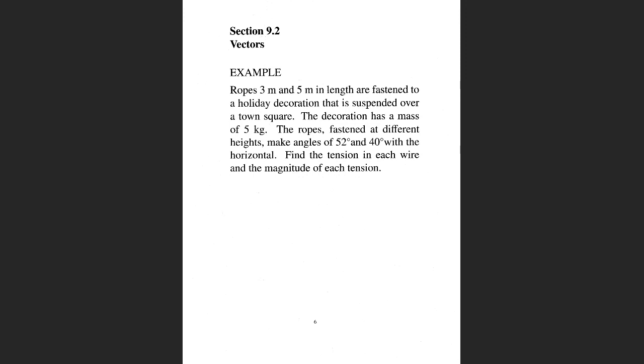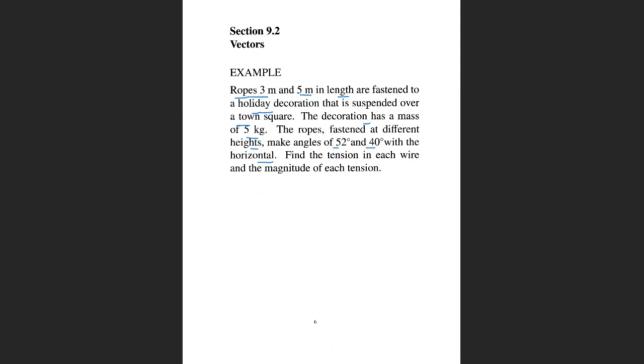Okay, so in this problem, we have ropes that are 3 meters and 5 meters in length, and they're fastened to a holiday decoration that is suspended over a town square. The decoration has a mass of 5 kilograms, and the ropes are fastened at different heights, making angles of 52 degrees and 40 degrees with the horizontal.